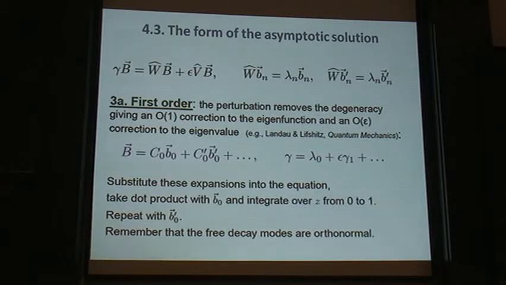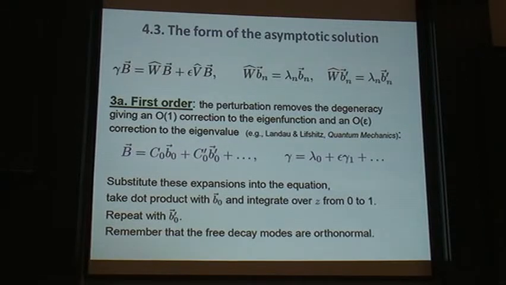For the terms of order epsilon, I will not be writing epsilon: gamma 1 C naught B naught plus gamma 1 C naught dash B naught dash will be equal to C naught V B naught plus C naught dash V B naught dash.